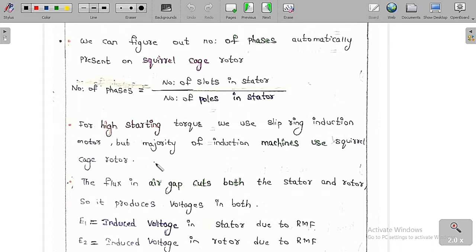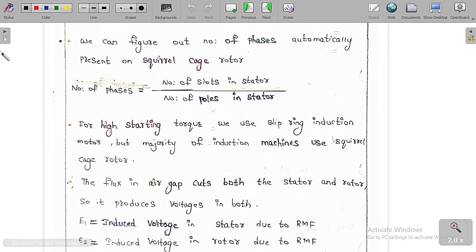We use it only for starting conditions, and during running conditions, we can remove that external resistance by shorting across the terminals of the armature winding present on the rotor. So this is a very important point. If you want high starting torque, use slip ring induction motors, but in the majority of cases we use only the squirrel cage induction motor.